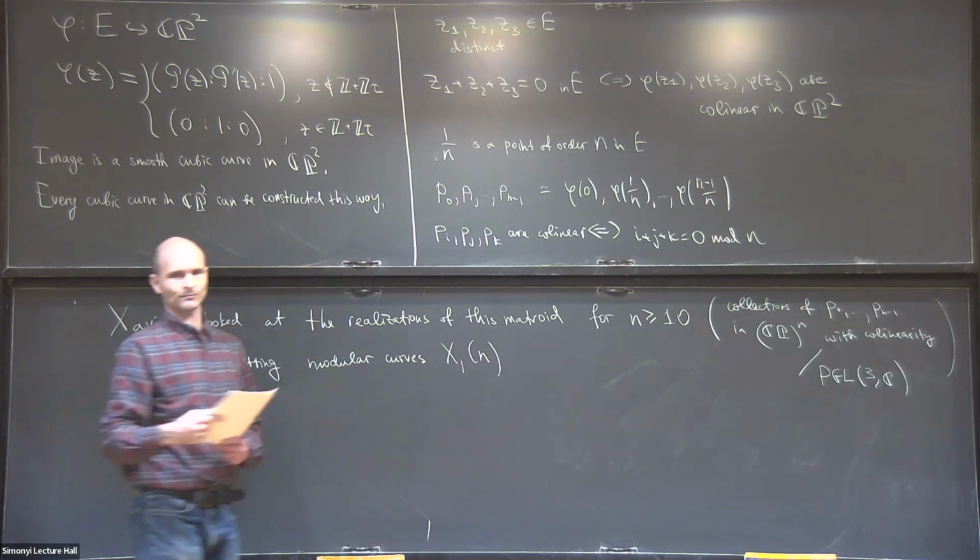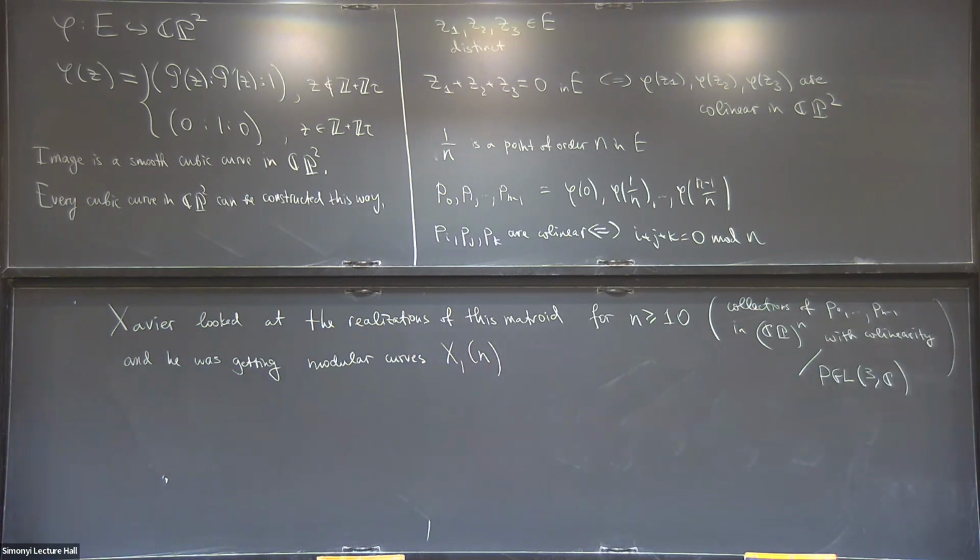This is not at all surprising. If you haven't seen what X1 of n is, think of it exactly as parametrizing elliptic curves with a choice of point of order n on it. So not surprising at all.